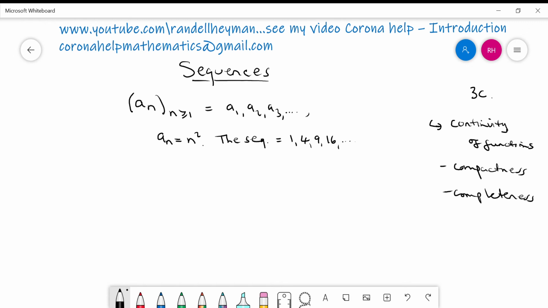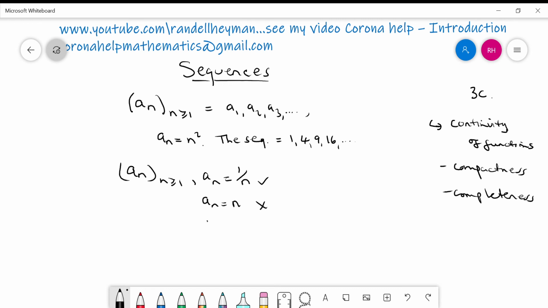So that's a sequence. Now, one of the interesting things about sequences is, do they converge or do they not converge? So, for example, for n greater than or equal to 1, a_n equals 1 on n, well, that converges. a_n equals n does not converge, because it goes off to infinity.